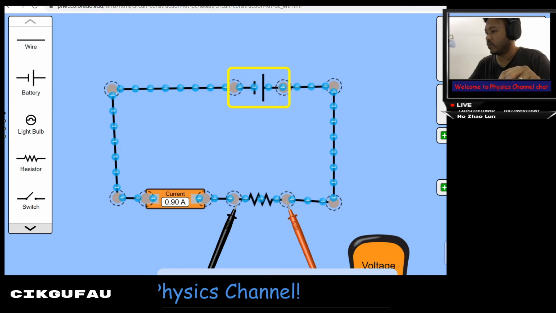EMF by definition is the amount of work done by the energy source to drive a unit charge around the complete circuit, right? So when I increase the voltage of the EMF, definitely I'm supplying more energy.